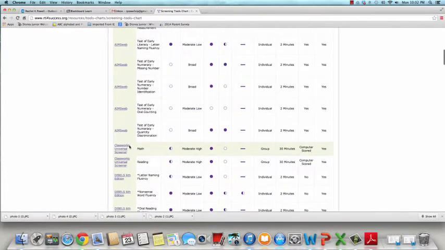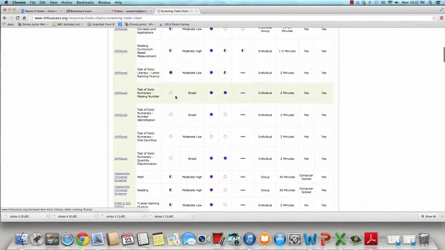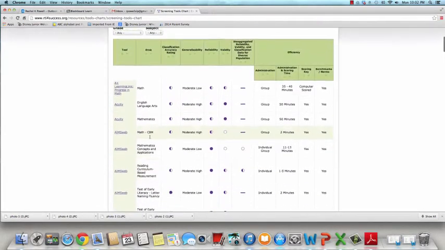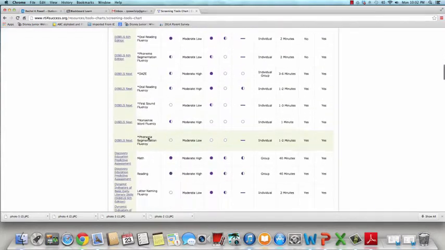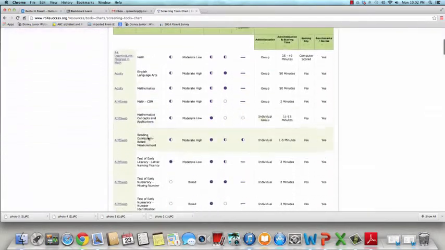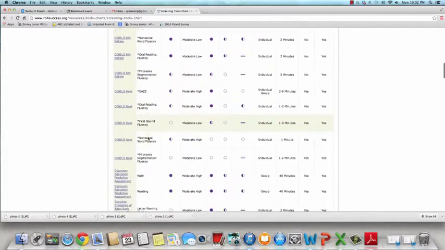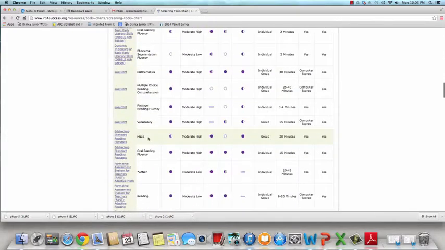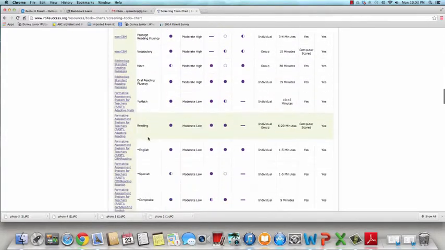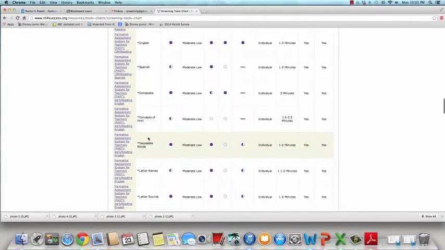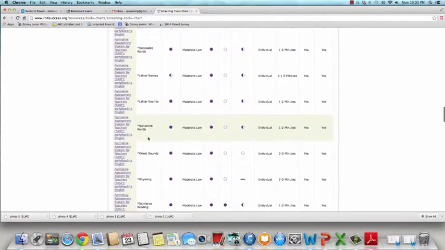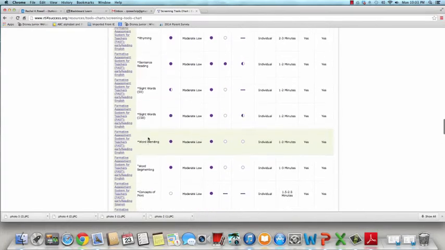ClassWorks is a screener I'm familiar with. Aimsweb, which has components of the DIBELS. So you could have used DIBELS and Aimsweb together. And Easy CBM as a math measure. I'm not familiar with FAST. That seems to be a new one.